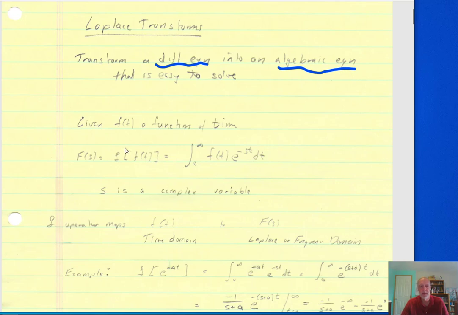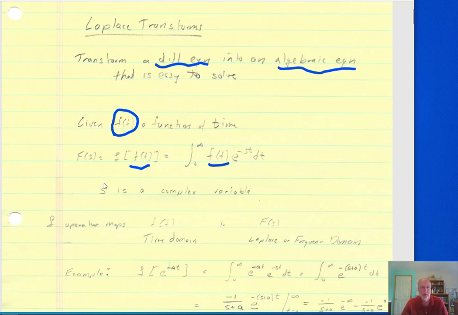So the definition of a Laplace transform is you start with a function. In all of our problems, we look at differential equations where the variables change with time, so time's the independent variable. So we're having a function f of t, and you stick that into the Laplace transform formula. So you multiply by e to the minus st and then integrate from 0 to infinity over time.